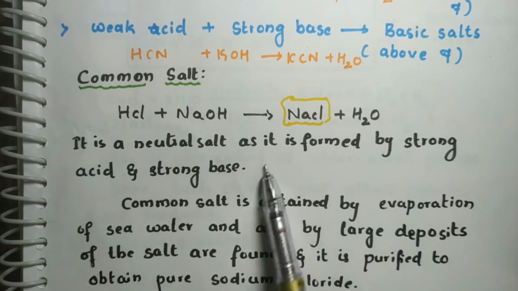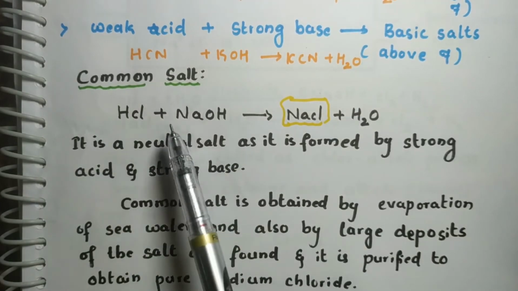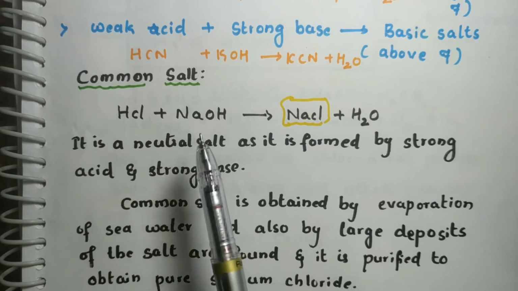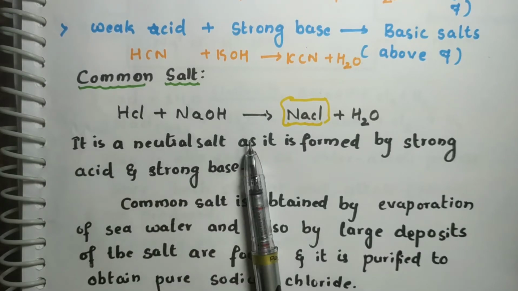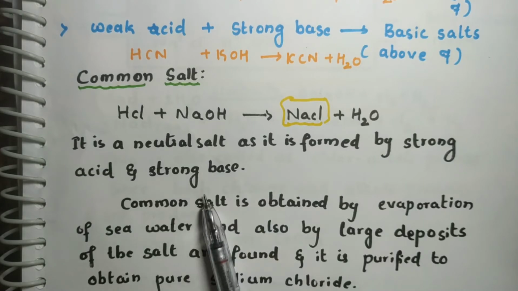Common salt is not obtained by this industrial application. It is not made in industry because common salt is abundantly and freely available in nature, in marine and sea waters. They take the water and evaporate it, and they get the salt. We also see many deposits of salt. They can extract and purify it from there also.